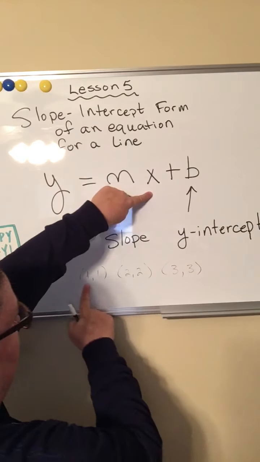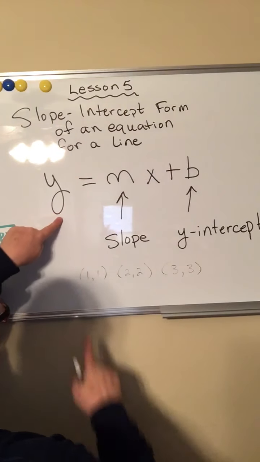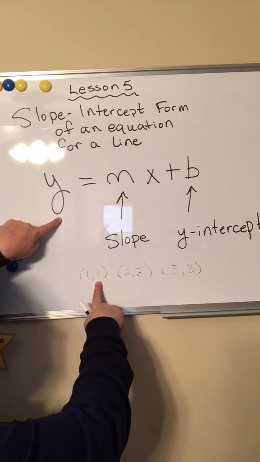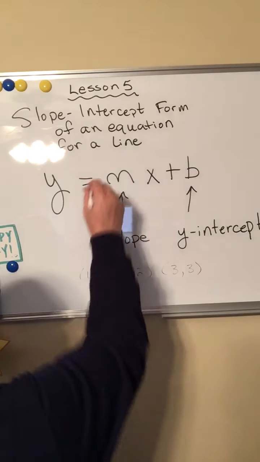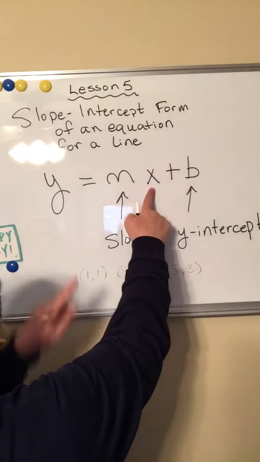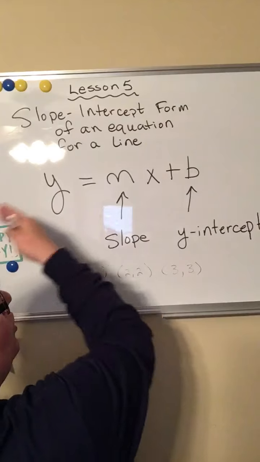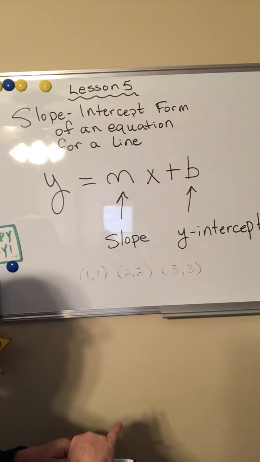This x could be this 1, or this 2, or this 3. When this y is this 1, then this x has to be this 1, because we're saying this is a point that's on this line. For this x and this y, whatever the rest of it would be is going to end up being an equation for that line.